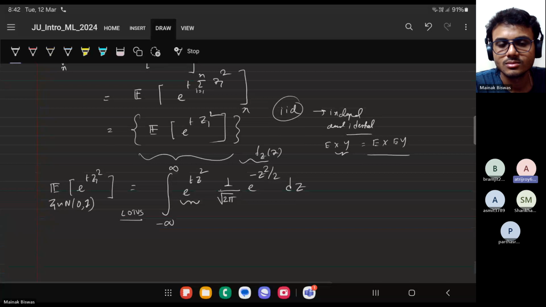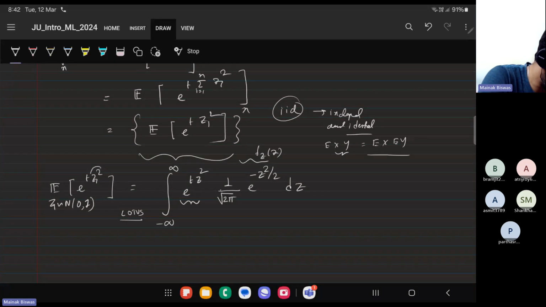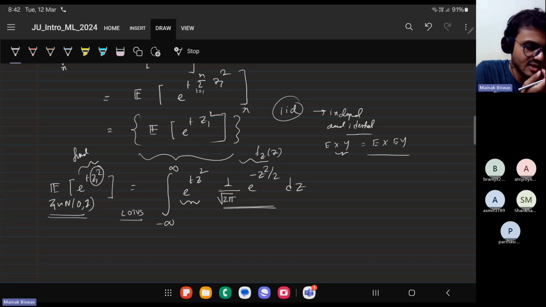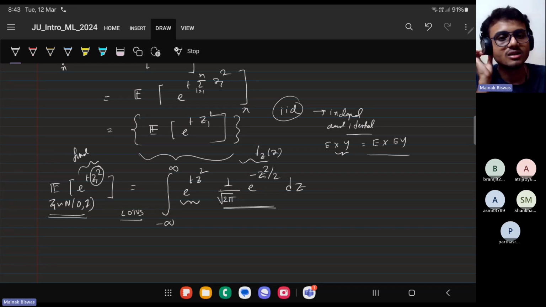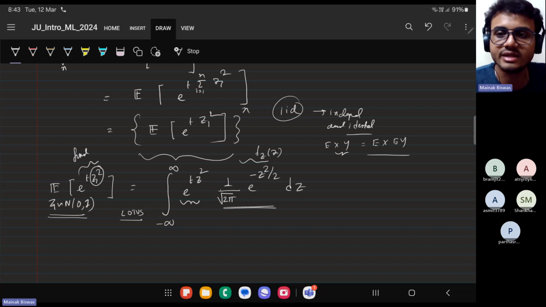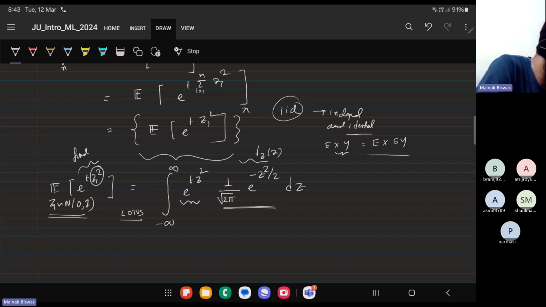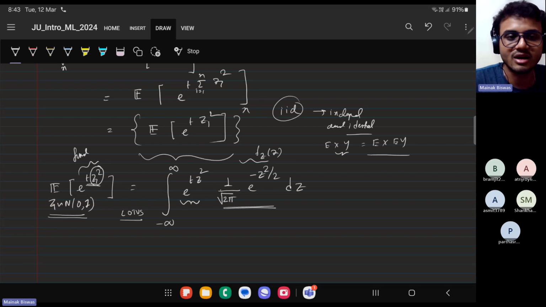Z1 is normal 0, 1. Correct. So this is a function. Remember again, this is a function. The distribution is only coming in at the PDF. That's why I took a dummy z instead of z1. Z is a dummy for the integration, but you're actually finding the expected value of that random variable. You sample a random variable, put that value on Z1, and then you calculate the integration.